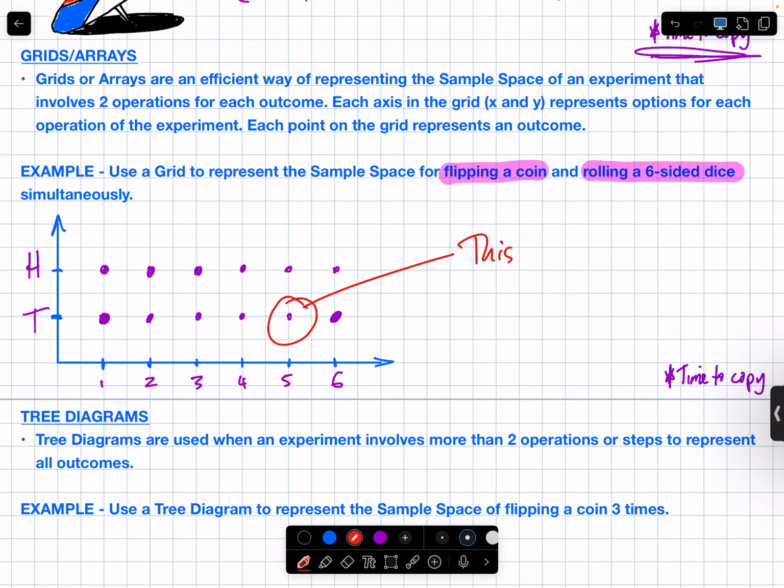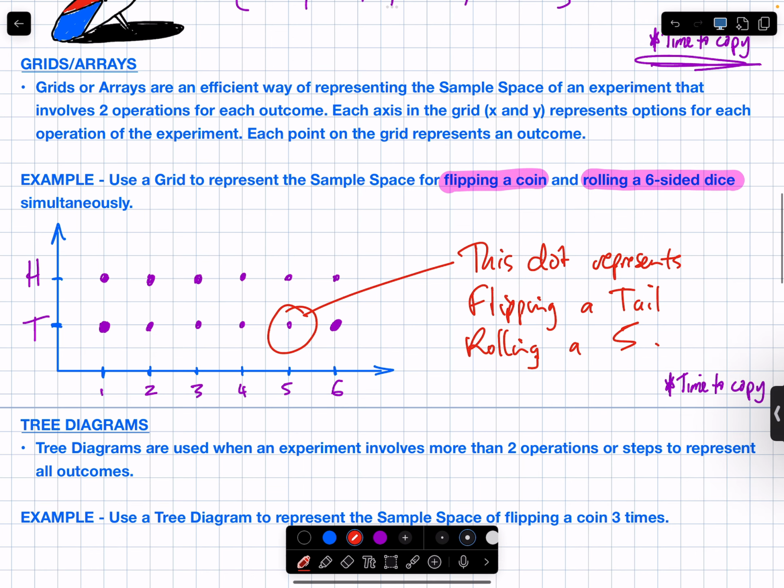This dot represents flipping a tail, rolling a 5. Time to copy that.